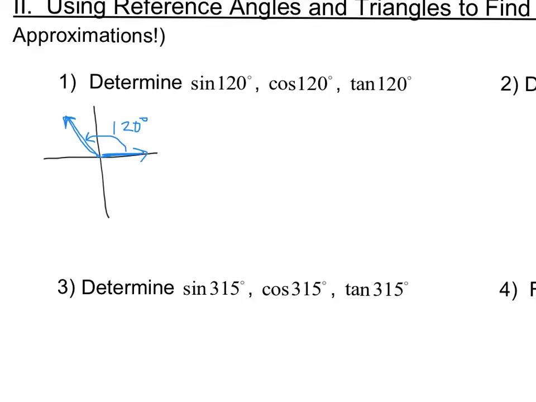So we first need to find its reference angle, which is going to be 60 degrees. Okay, because 180 minus 120 is 60 degrees. And we always write that reference angle close to the origin. So you wouldn't write it out here. You write it whichever angle is connected to the origin.